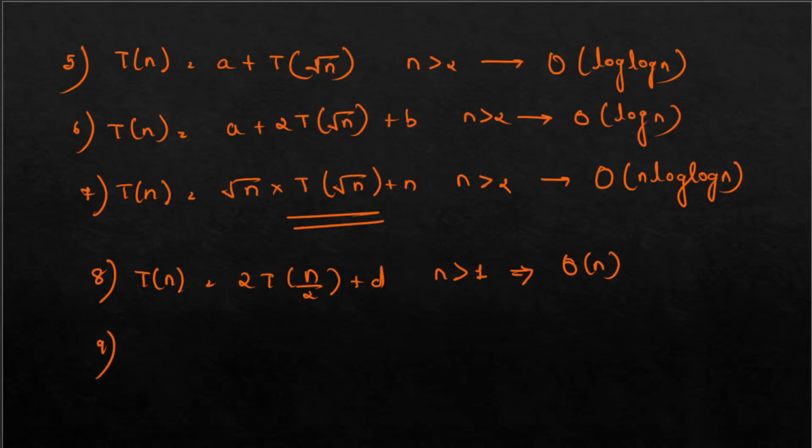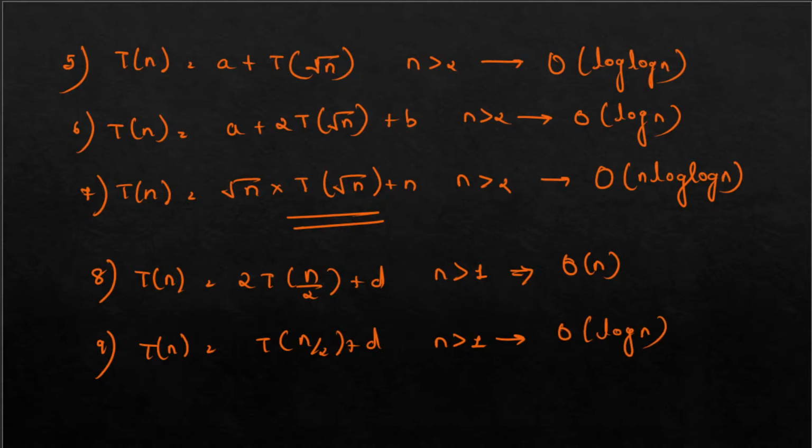And these are some common things which I am telling. Ninth is T of n by 2 plus d, where n is greater than 1. So this is nothing but big O of log n. So it's better to know this prior, so it's easy to mark the answer right there. Tenth is, by Master's theorem also you can solve, or directly you can just remember.